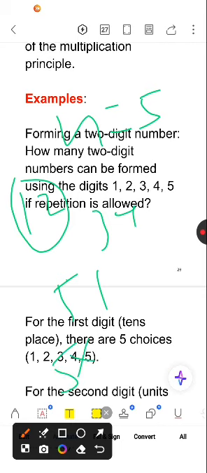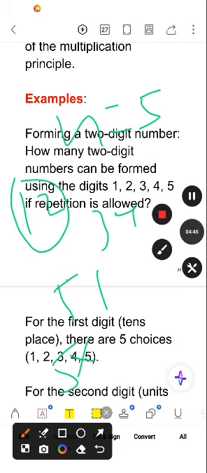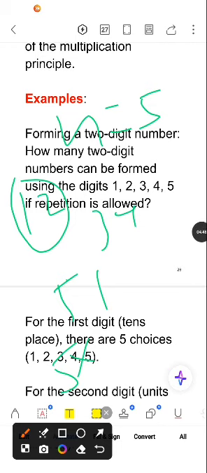Now, repetition is allowed. So it's like having 3 balls in a box and selecting 1 ball, after which it is replaced. The number of balls has not changed. It's still 3. That is what is meant by repetition is allowed. So here I have selected 1 and replaced it, so 1 is still there. I can still get 1, and there are still 5 possibilities.